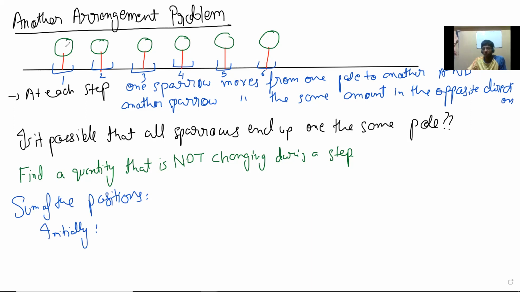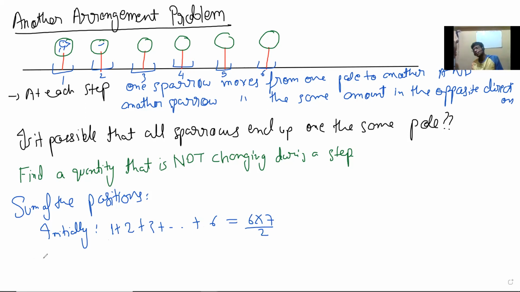So this sparrow has position 1, then there is another sparrow here, so he has position 2, and so on and so on. So the total sum of the positions is 1 up to 6, and that is 6 into 7 by 2. Whatever, that doesn't matter.